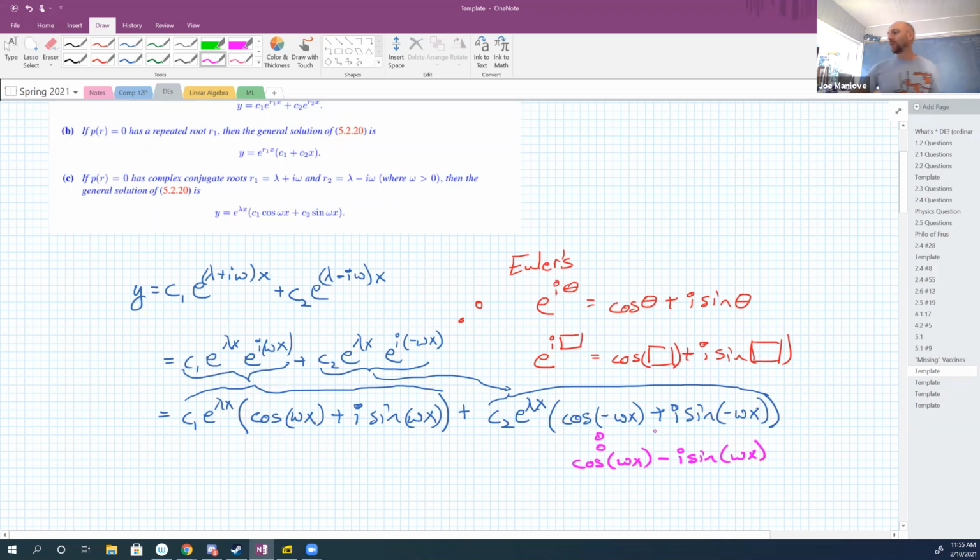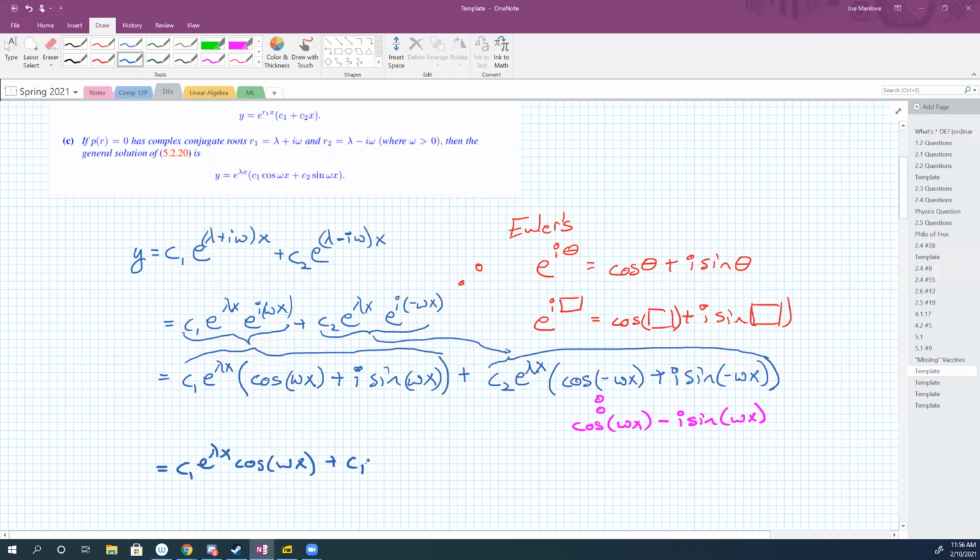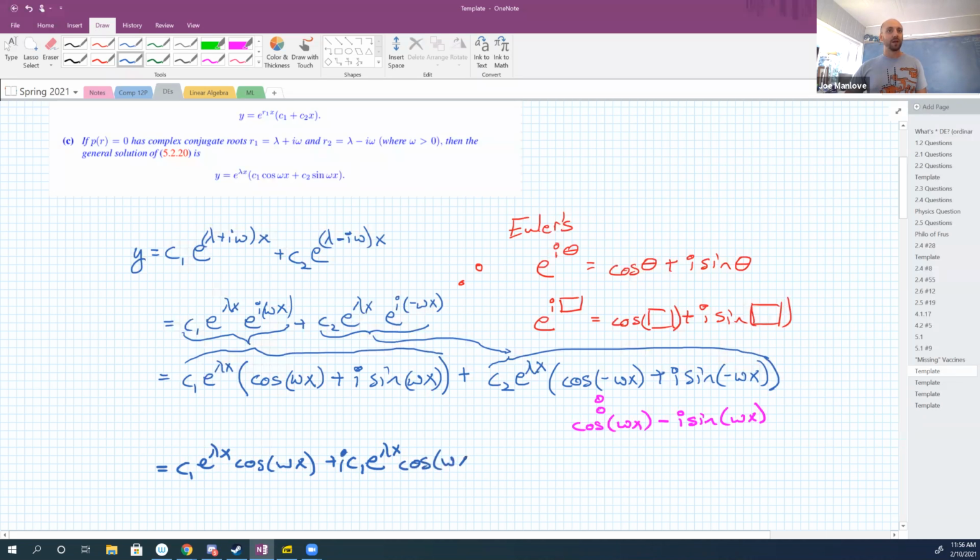Okay, so now if I multiply this whole thing out, I'm going to have a c1 e to the lambda x cosine of omega x plus c1 i sine. Oops, what did I lose there? e to the lambda x. Good. I should have c1 e to the lambda x, and I'm going to put the i out front there, sine of omega x.